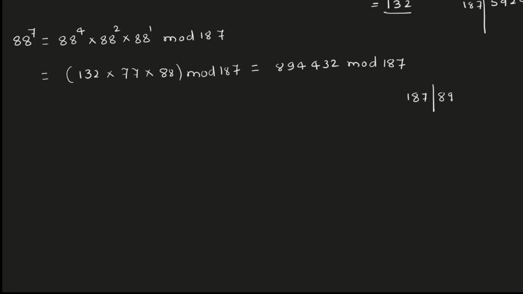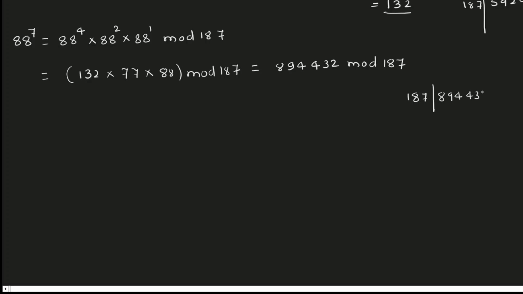When you divide this, you are going to get remainder as 11. Therefore, 88 raised to 7 mod 187 is 11. Yes, the answer is 11.